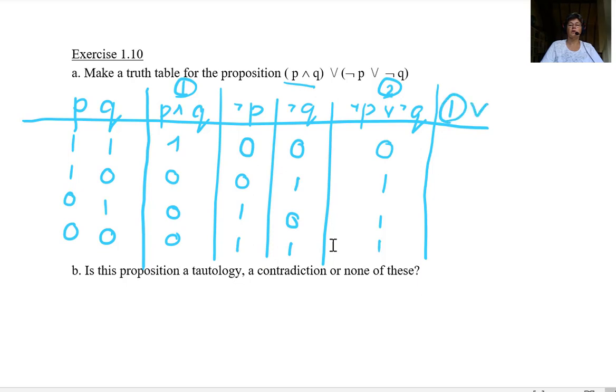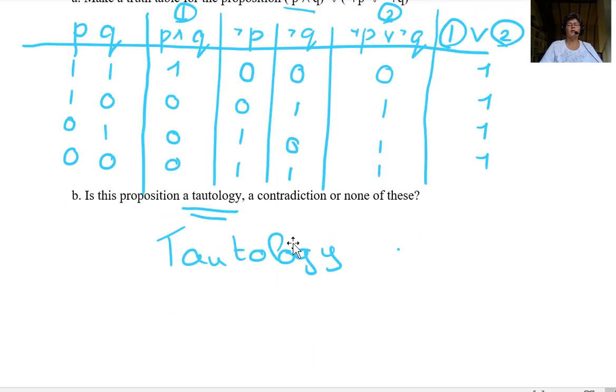So 1 or 2 would give us 1, 1, 1, 1. That's nice. Quite a complicated proposition, and it always gives us true. And hopefully we remember that this means that the proposition is a tautology. Okay, those were the exercises of lesson 1.